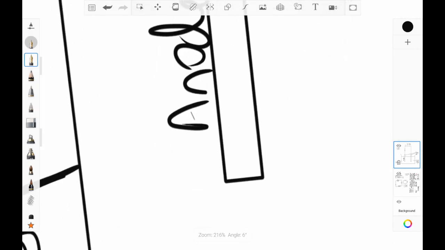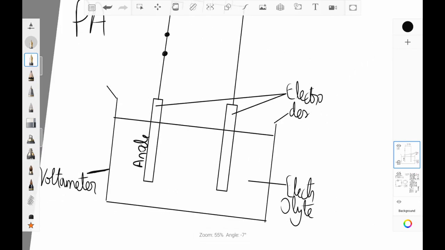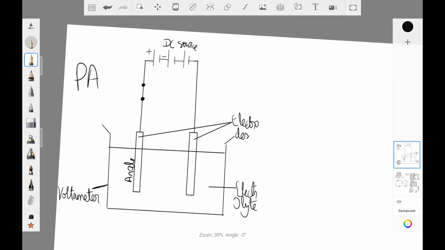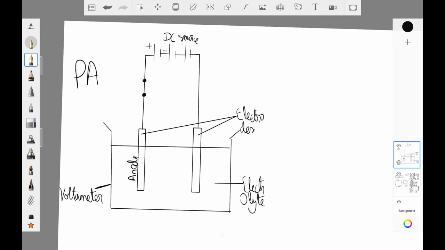Now an anion is a negative ion, but an anode is a positive electrode, which can get confusing. But an easy way of remembering it is that an anode is an anion attracting electrode. And to attract something negative, you yourself need to be positive. Hence, the anode is the positive electrode.